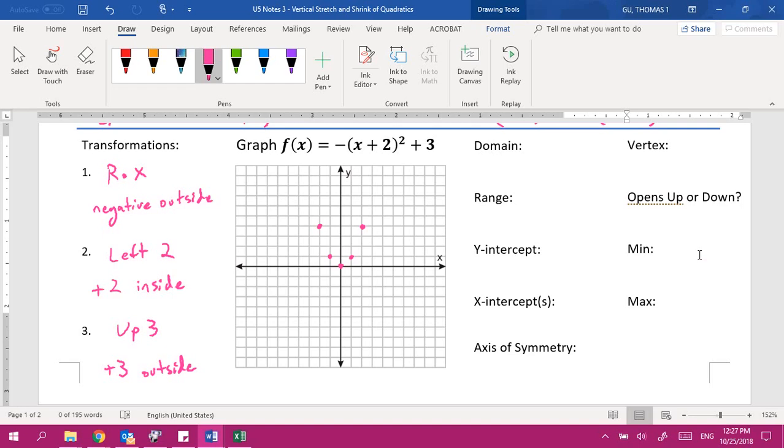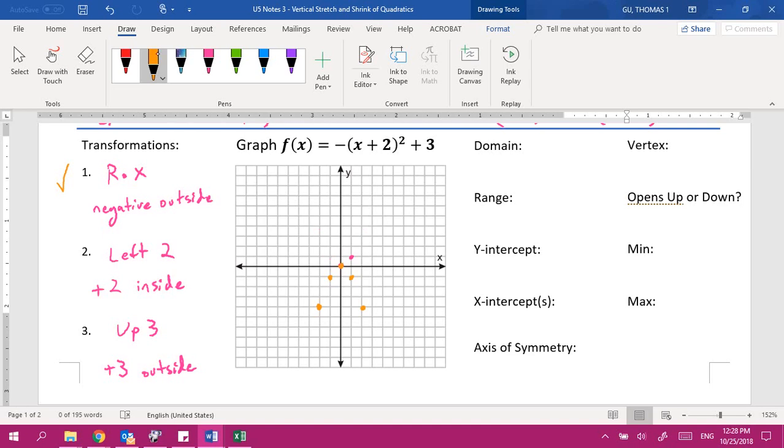So our first transformation is what? Reflect over the x. So I'm going to take all these points and I'm going to reflect them over the x-axis. So my new points will be here. Like that. Those orange points are my new points after I reflect over the x. Okay?